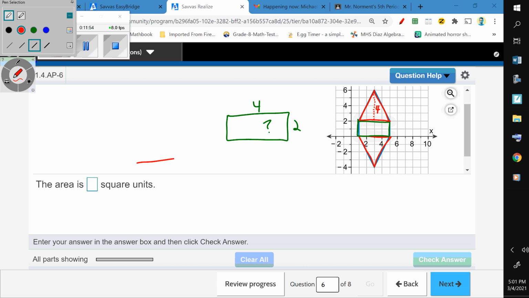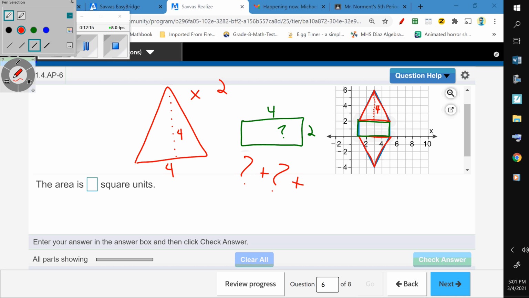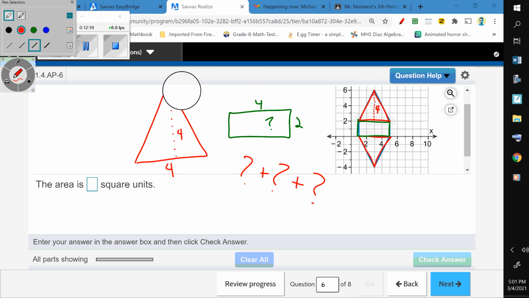So, you have 2 triangles with a height of 4 and a base of 4. So remember how to find the area of a triangle, and you're going to have 2 of these. These 2 triangles are exactly the same shape, so find the area of one triangle, add it to the area of the other triangle, add it to that question mark right there, and then you're done when you add the areas of all 3 shapes.